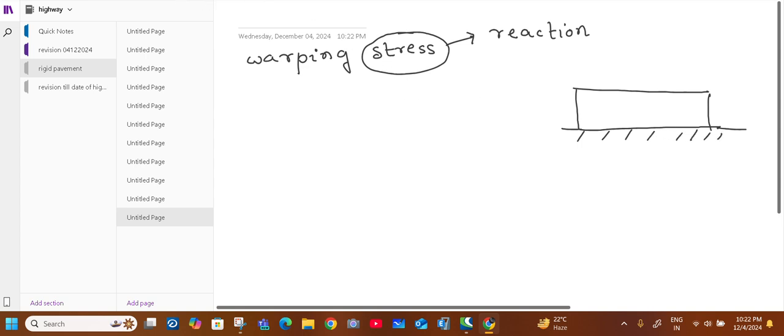At the daytime, the upper portion is heated more than the lower portion, so the upper portion gets elongated. That's why the resisting section is in compression. The resisting stress is compression and the lower portion is tension.